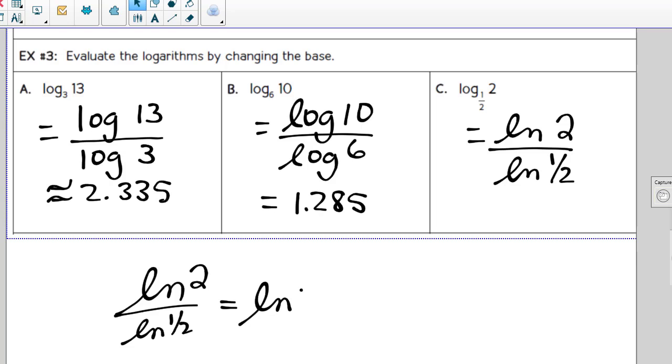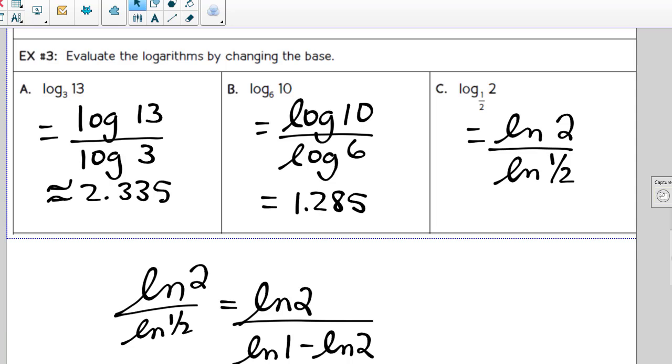I'm thinking natural log of 2 over natural log of 1 minus natural log of 2, right? Isn't that my property for quotients? Now, I can't do it here because there's already a natural log on the top and the bottom, but I can do it to the 1/2. And natural log of 1 is what? Nope.